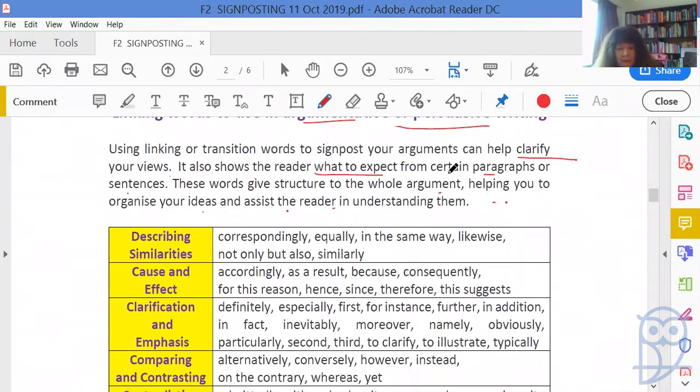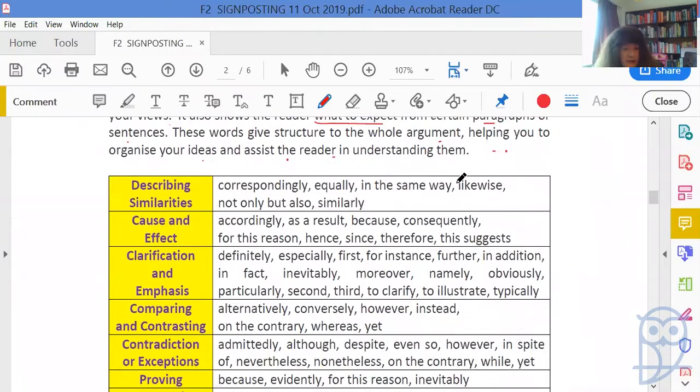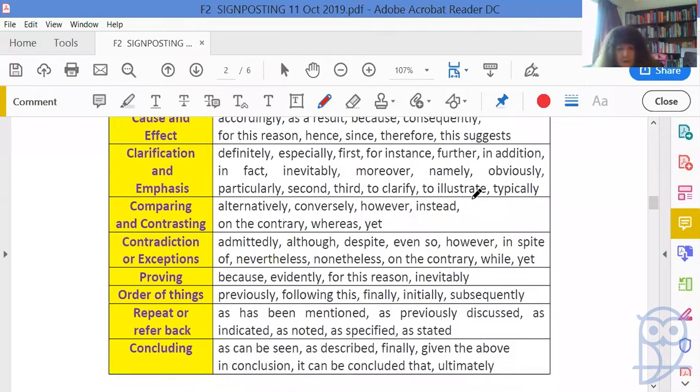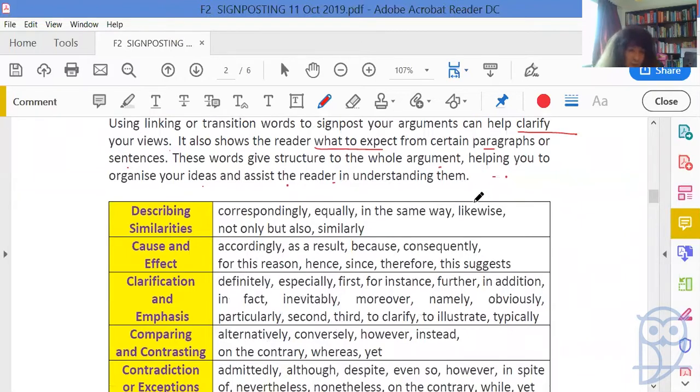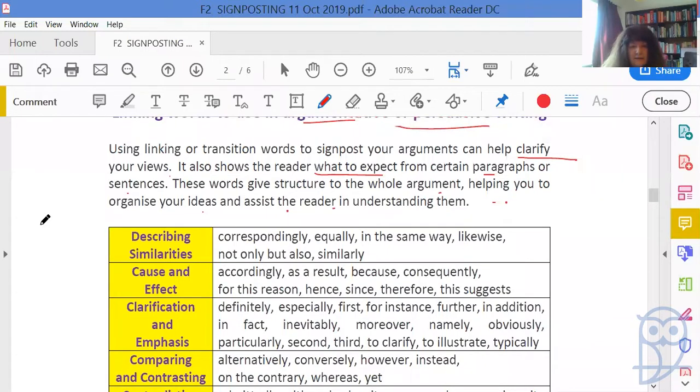Right. Now, these words here are probably the only words you will ever need for writing any essay for the next 10, 20 years, okay? We've got words for describing similarities. For example, correspondingly, in the same way, similarly, not only but also. You can use them. We've got cause and effect, which is why and because.